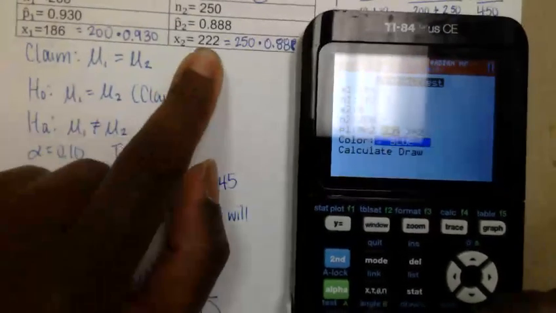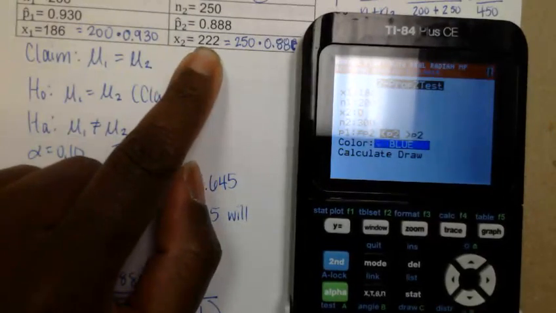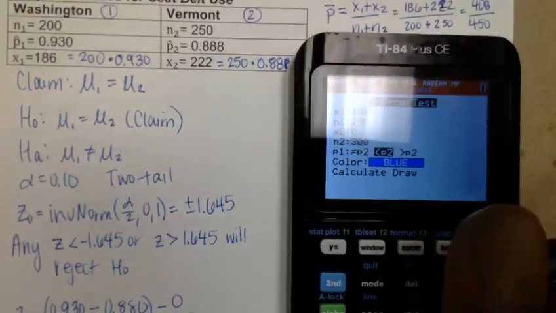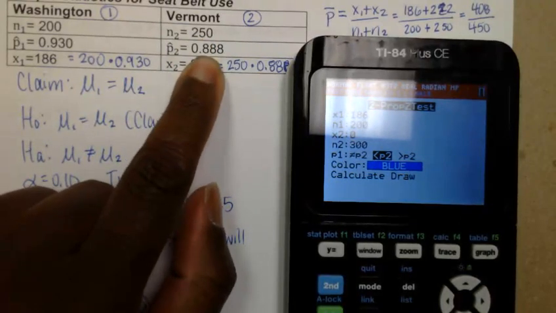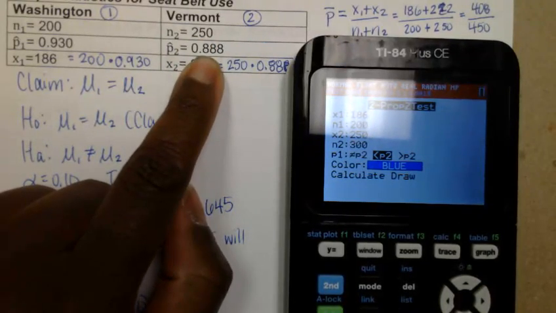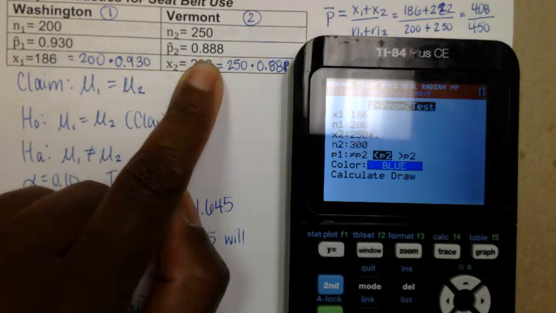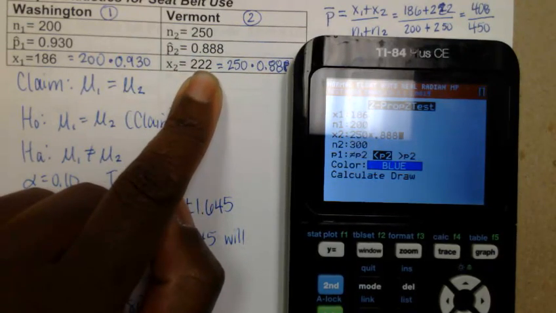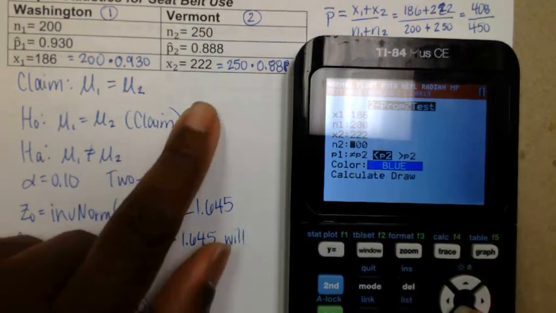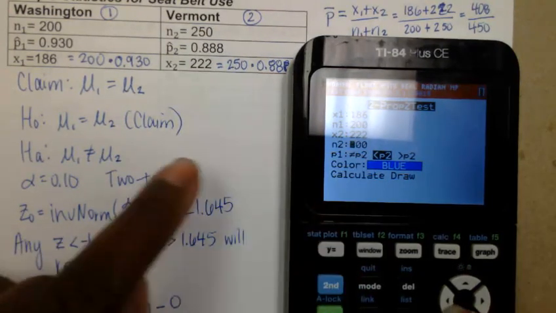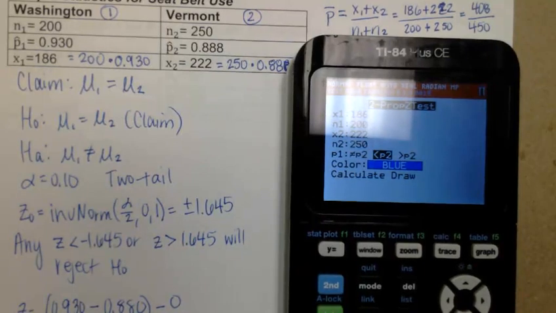For x2, remember in the original problem they didn't give us x2. They did give us n and p, so you can do 250 times p, and notice how it gives you that number, 250.